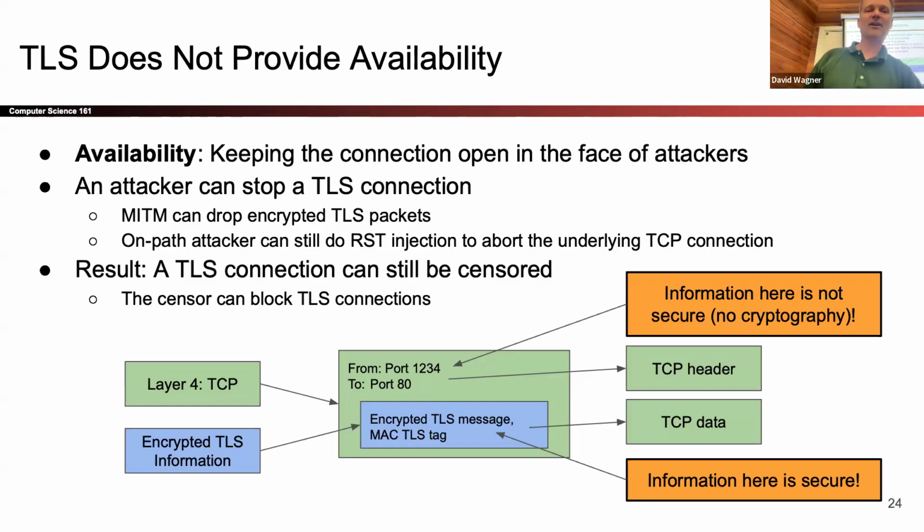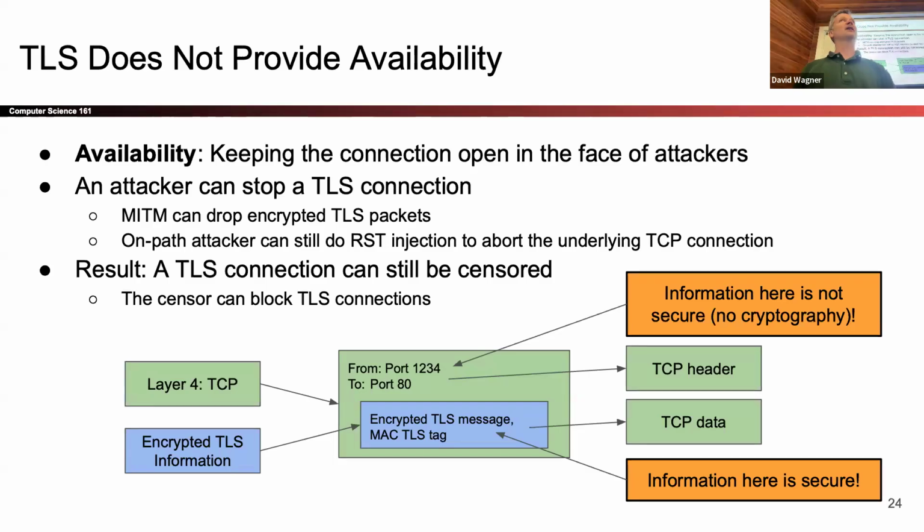So what does an attacker need to know to shut down a TCP connection? They need to know the sequence numbers so they can send a reset packet with the right sequence number. So a man-in-the-middle or an on-path attacker can shut down a TLS connection by shutting down the underlying TCP connection.